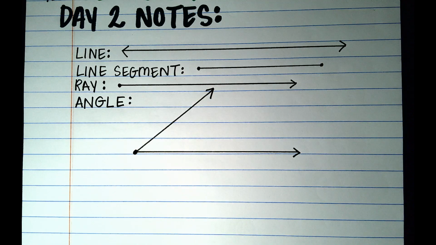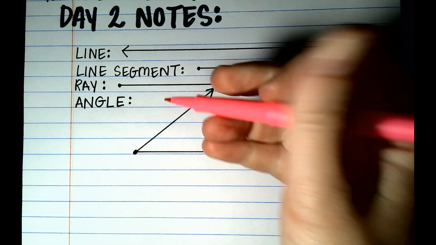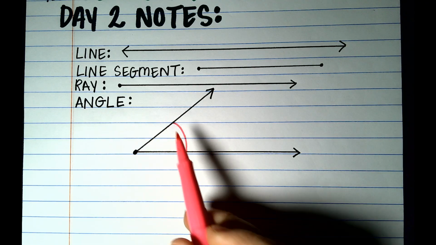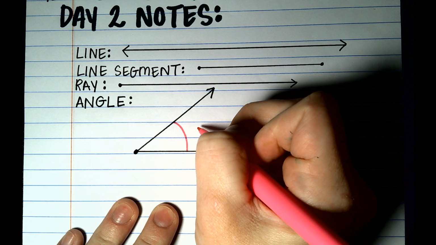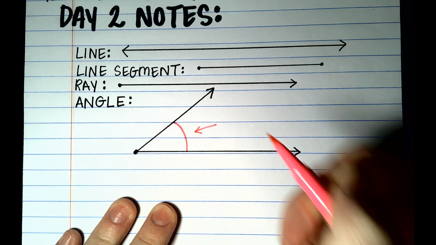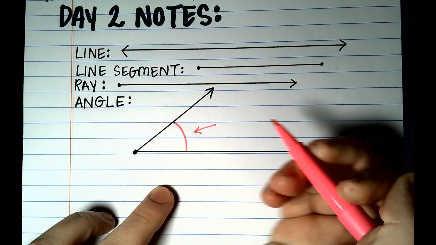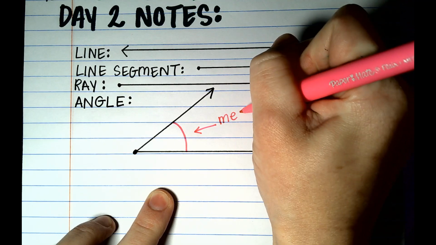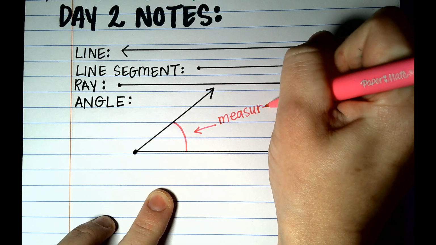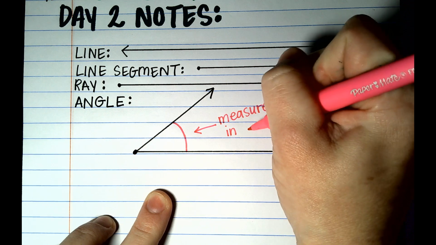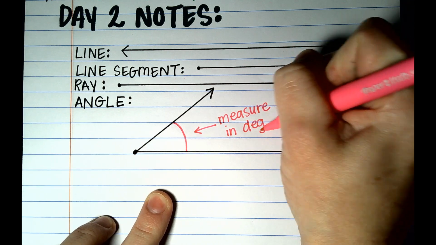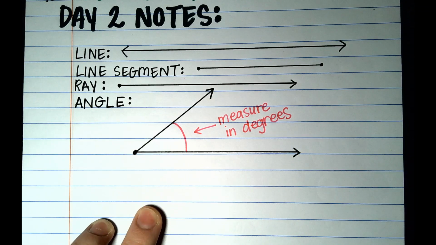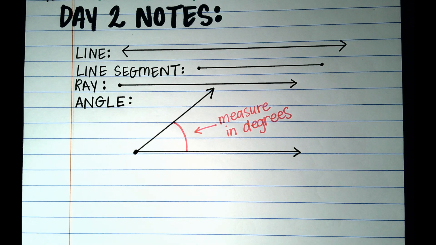I'm actually going to use a different color here, and I'm going to draw this little arc. And I'm going to write inside my angle that we measure in degrees. D-E-G-R-E-E-S. We measure in degrees.